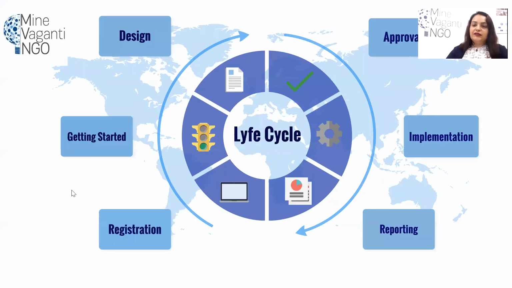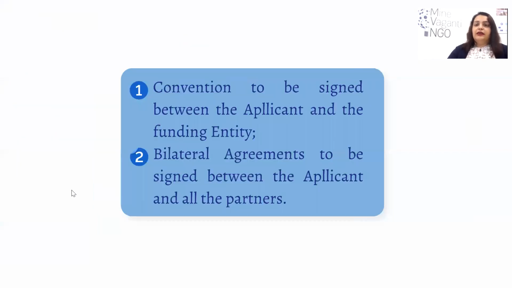Okay, perfect. So this is the first part, that is the project design. And then, of course, you apply your project. And now let's see what will happen if the project will get approved. So in case of approval, if you're the applicant entity, you will sign a convention paper with the entity that is financing your project. So this is the first step.